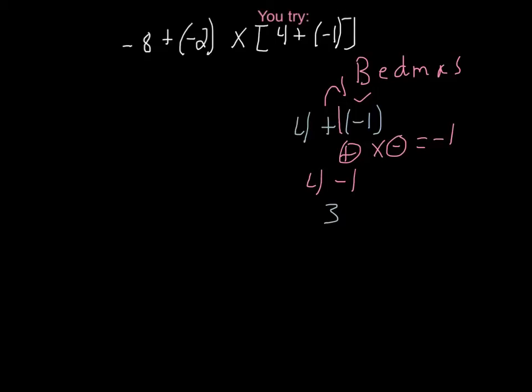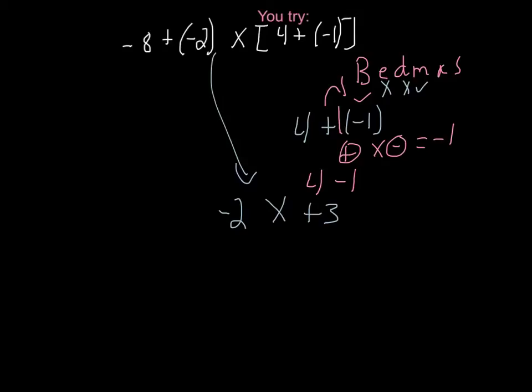Now we're looking at it. Do we have any exponents in our question? No, we don't. Any division? No, we don't. Any multiplication? Yes, we do. It is right here. So now we're going to bring this 2 down. We've got negative 2 multiplied by a positive 3, because we know that 4 is positive.